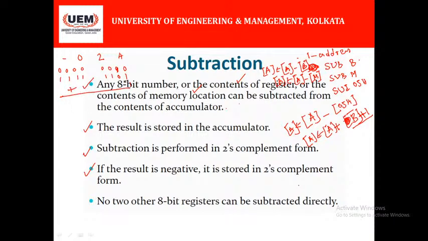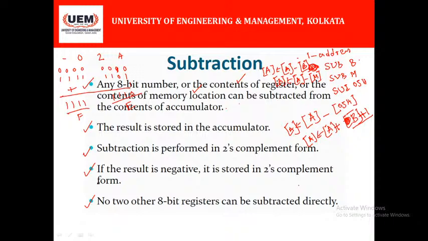After adding 1, 1 plus 1 is 0, and the rest are 1s. So this is F, and this is E. So FE will be your result. So FE represents minus 02. That is how the result is represented.